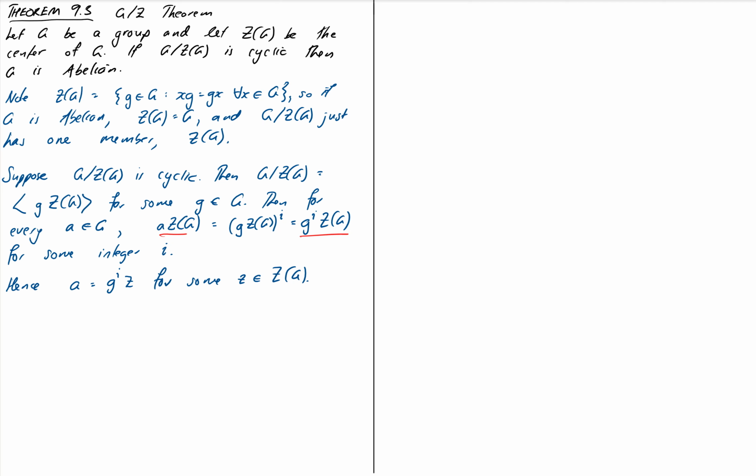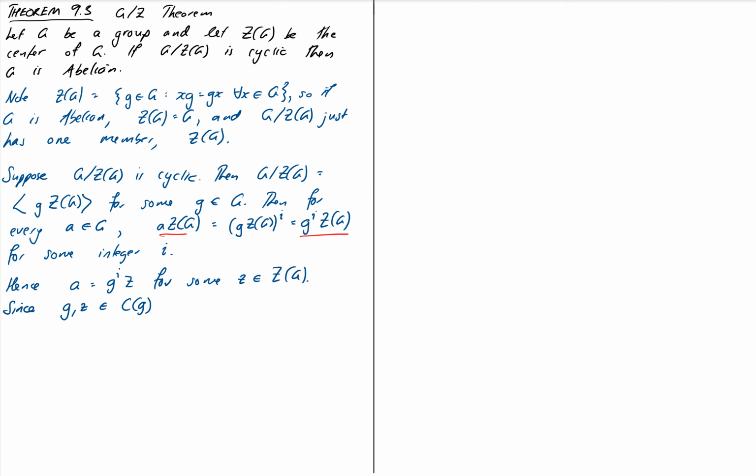Now here's the little trick with this problem. We're going to use centralizers here, this is kind of where the little creative spark comes in for this proof, since g and z are members of the centralizer of g. Remember, the centralizer of an element is just the set of all things that commute with that particular element.